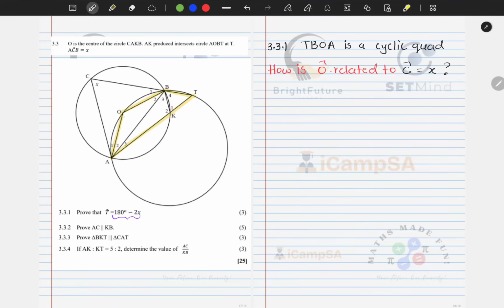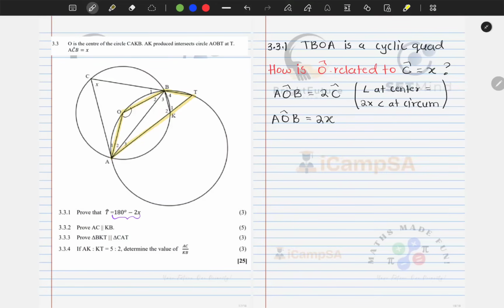If you look carefully, angle O here would be the angle at the center, and angle C is the angle at the circumference. So angle AOB is 2 times angle C. The angle at the center is twice the angle at the circumference. That becomes our reason, and it's very important that we put it there. So angle AOB will simply be 2x, because angle C is x.